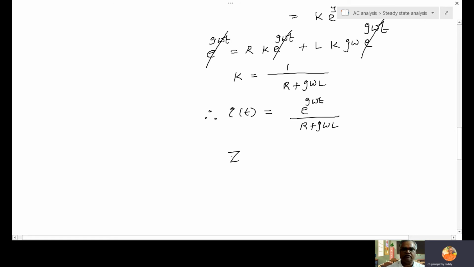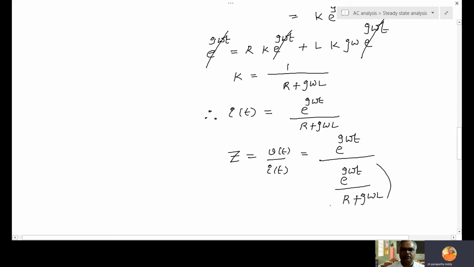Now Z. Z is nothing but V of t by I of t. So what is the voltage applied? e power j omega t applied. What is the current we got? e power j omega t by R plus j omega L. This is current.